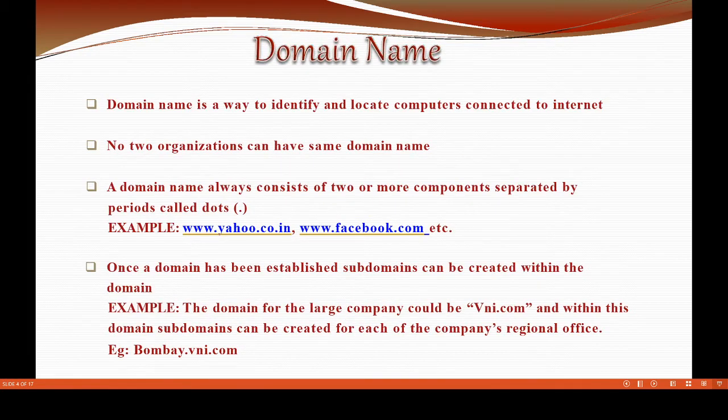First, a domain name is a way to identify and locate computers connected to the internet. And no two organizations can have the same domain name. Obviously, otherwise it would be a duplicate name and users would be confused, so the same name is not assigned as a domain name.